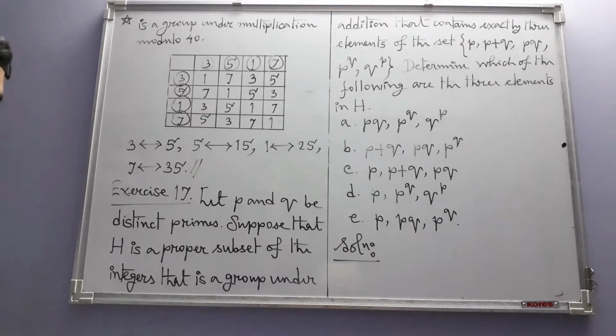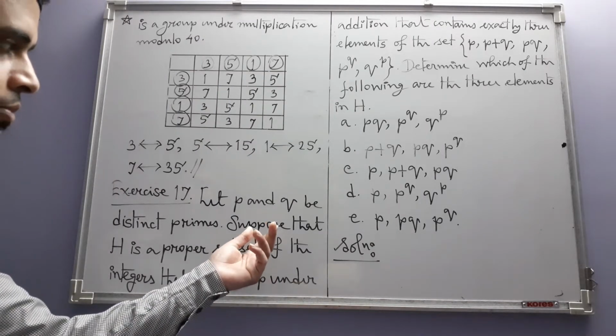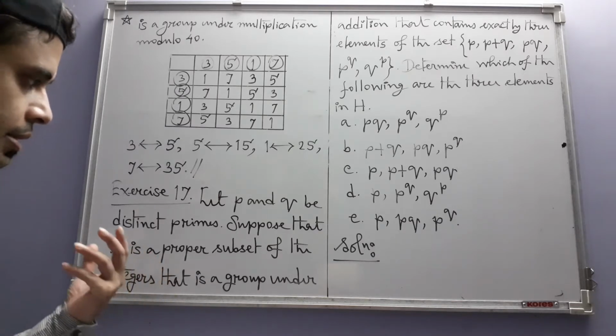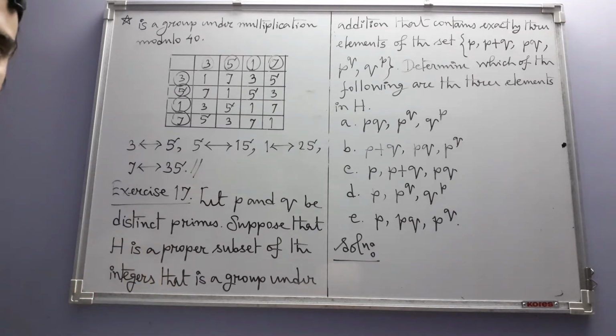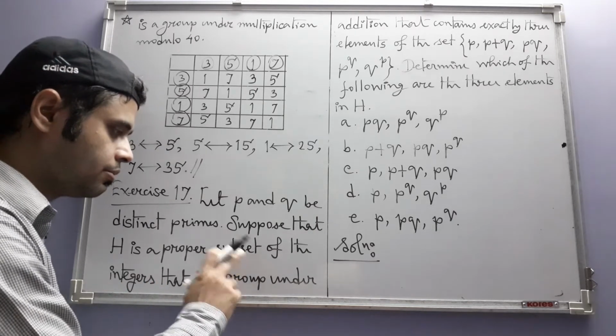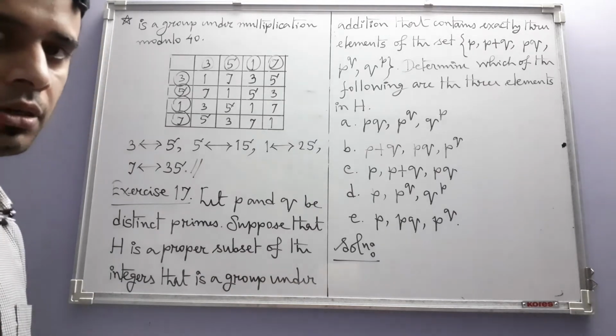So here we are given a group H, which as a set is a subset of the set of integers, in fact a proper subset, and it's a group under ordinary addition of integers.